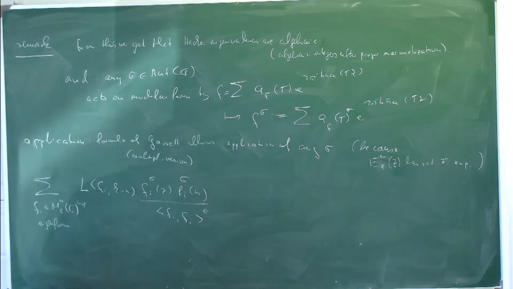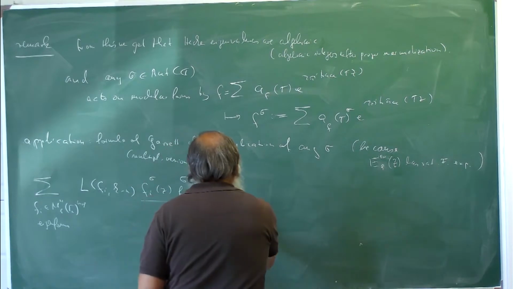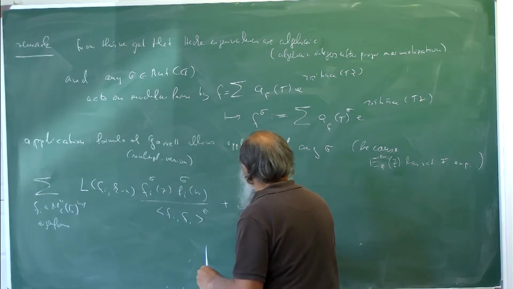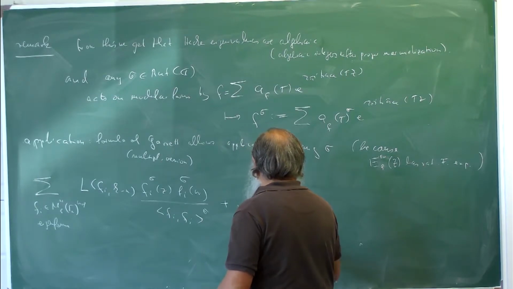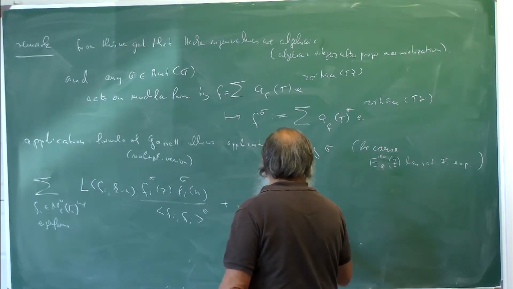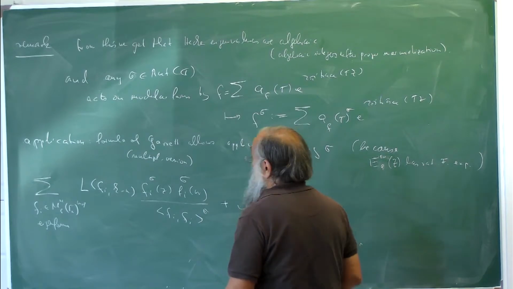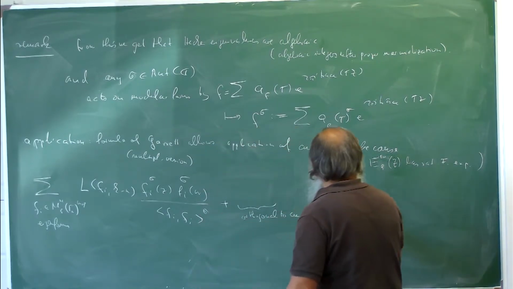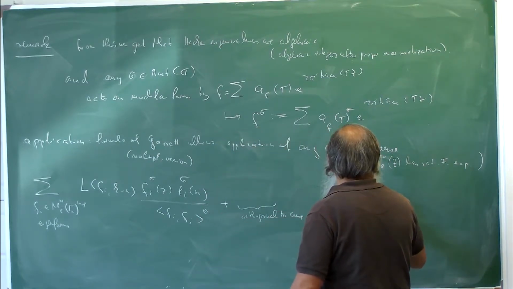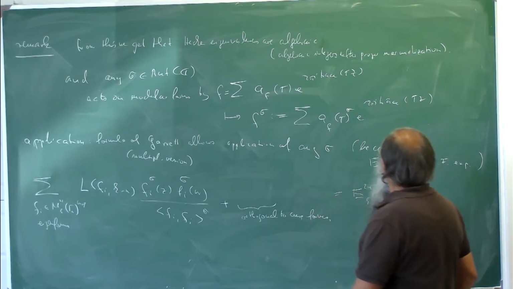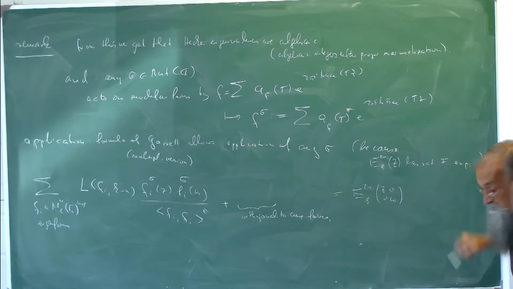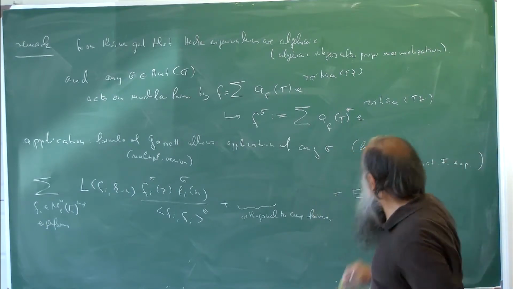Maybe I forgot the Petersson product in the formula before, plus something forms. This is still equal to, because it doesn't matter whether we apply sigma or not.